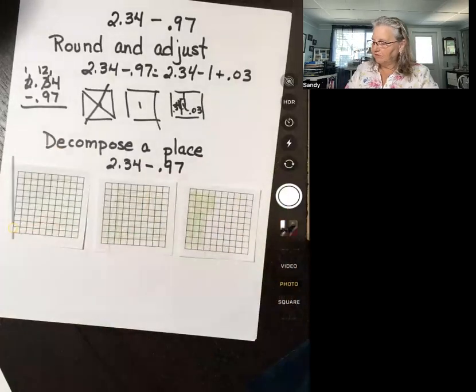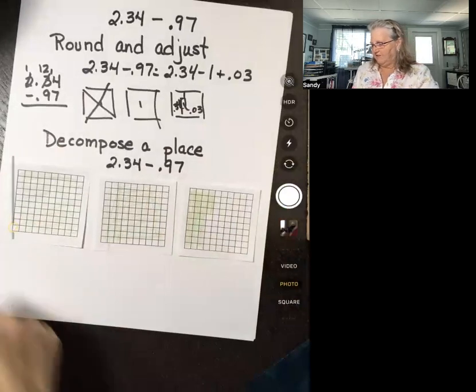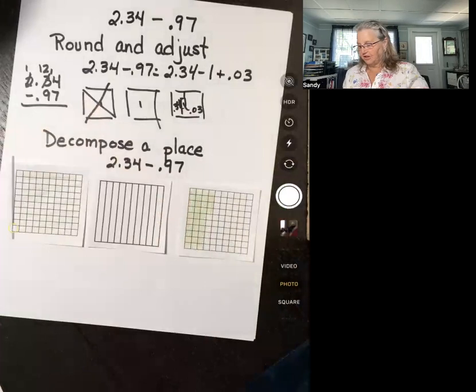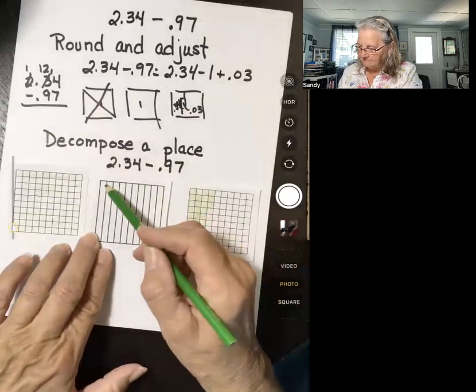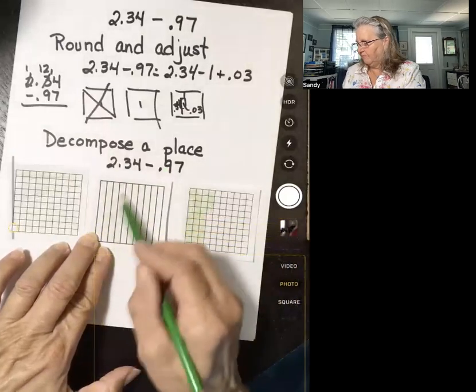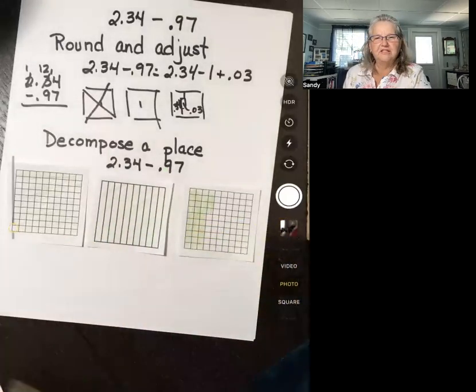This time, to remove 97/100, I can do a couple of things. I could have thought of this as this version of the whole. Here's 1, here's 2, here's the 34/100.